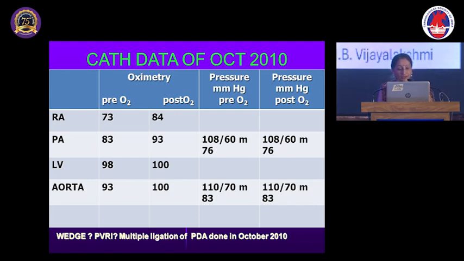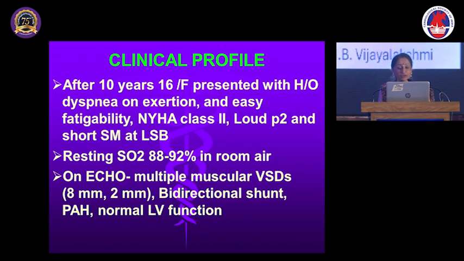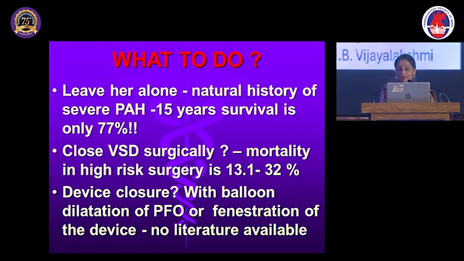So the final diagnosis is: cath oximetry study revealed systemic PA pressure and a high PVRI, and with oxygen there was a significant reduction, and hence an integrated approach is needed. When you take the history, clinical examination, ECG, X-ray, everything, they said it is in favor of not operable.